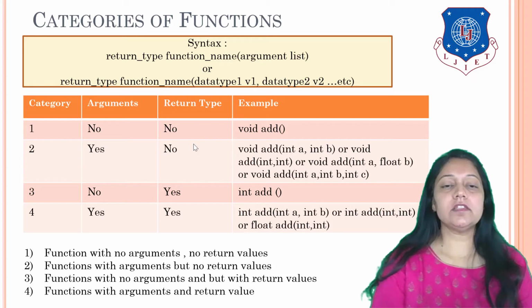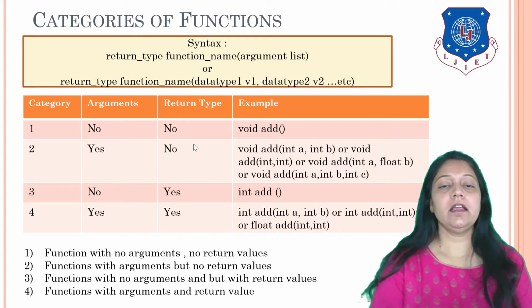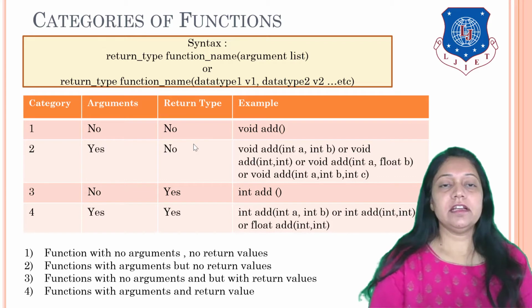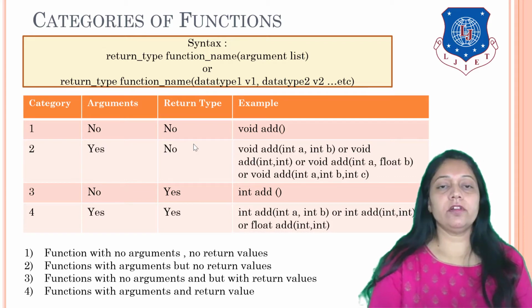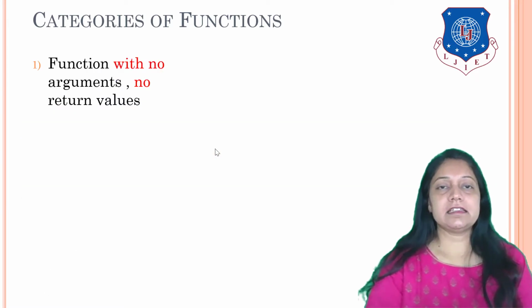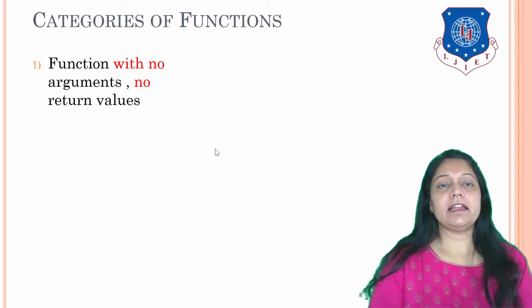Similarly, the third one is function with no arguments but with return values. And the last one is function which has both arguments as well as return values. The table is only for remembering purposes, but you should also remember the names of these four categories of function.